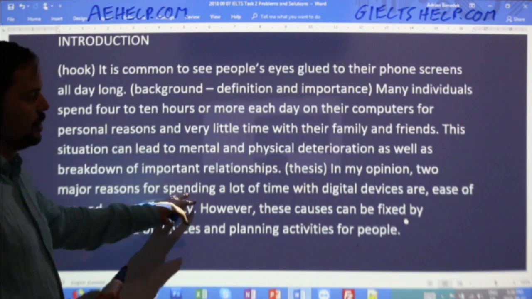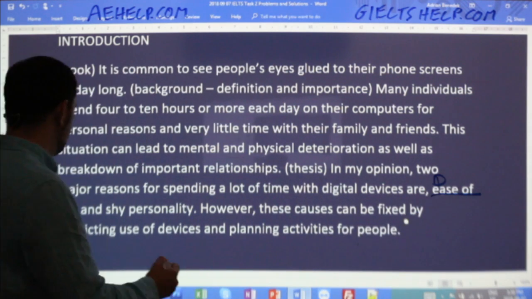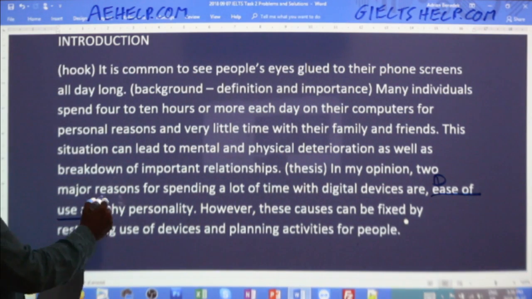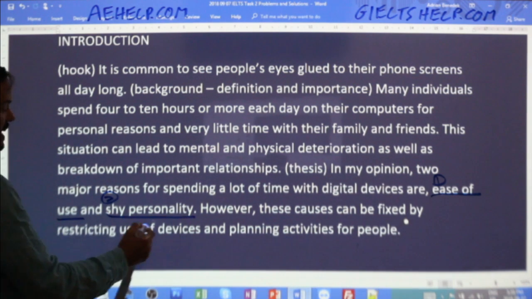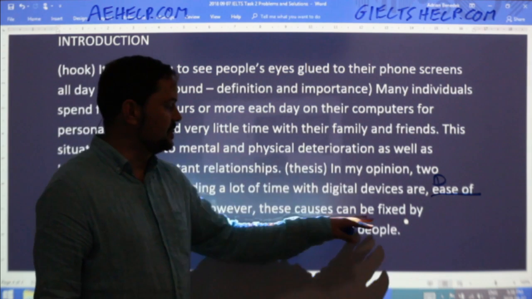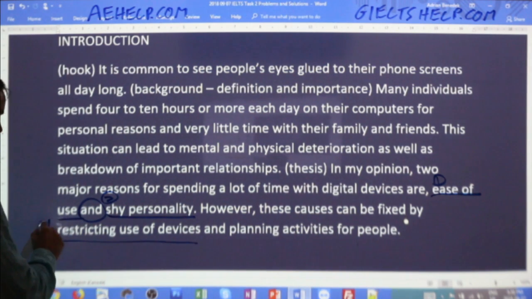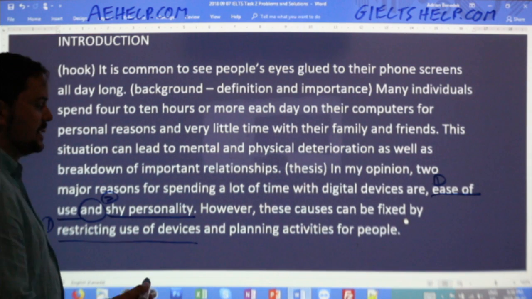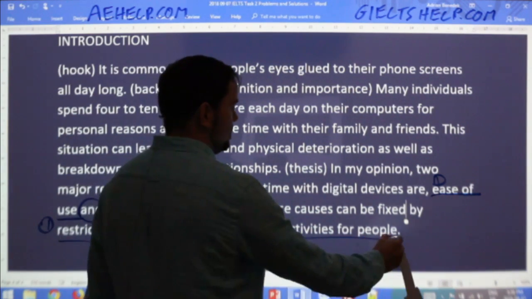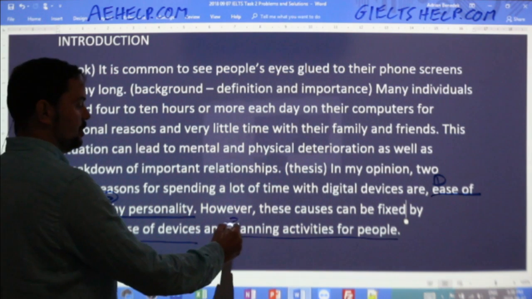So for the problems, I have 2 points here. Here's one, ease of use. And then here's my other one, shy personality. Notice the joining word and. Okay, and then here I have, however, these causes can be fixed by restricting usage of devices. That's my solution number 1. And then planning activities for people, okay, is number 2.